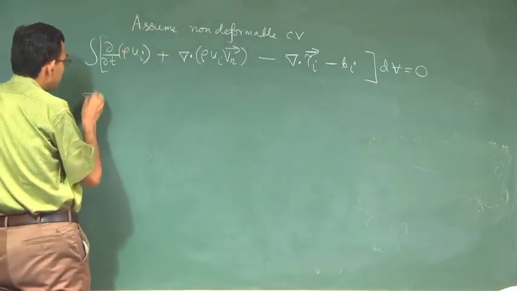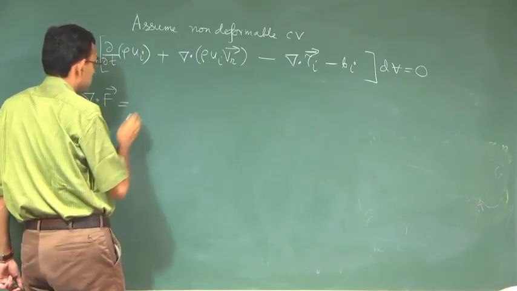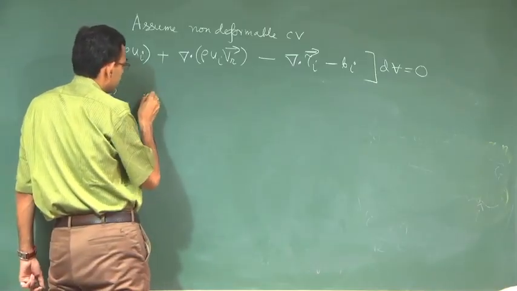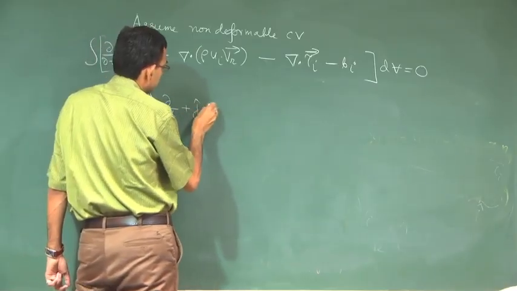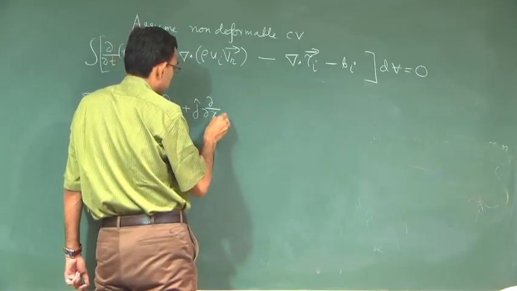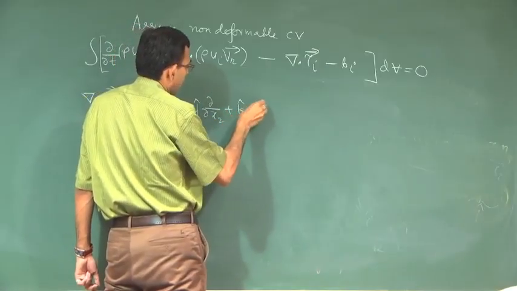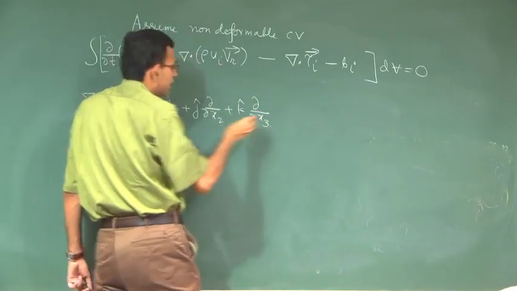So divergence of a vector f, so that is... Now I am writing x1, x2, x3 because I want to use the index notation.